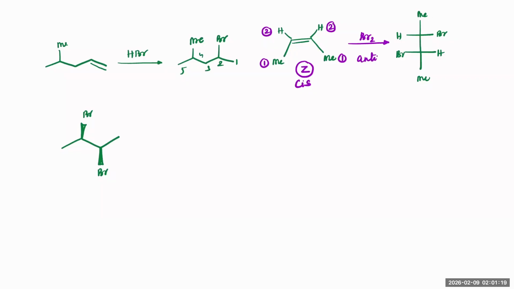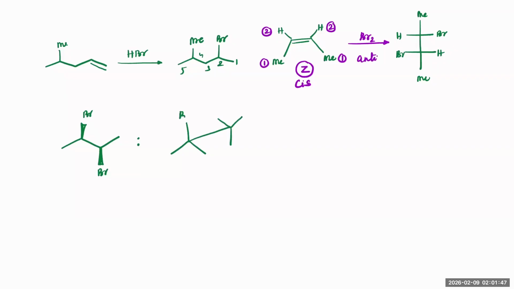What does this mean? If you are watching this molecule from the side, it appears like this, with bromine here, hydrogen here, and on the back side we have it like this.